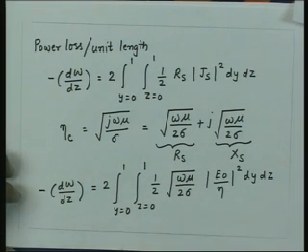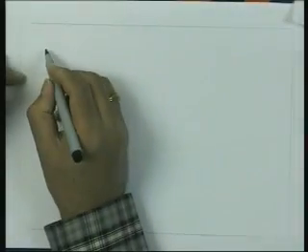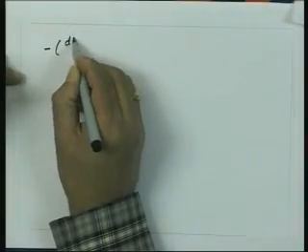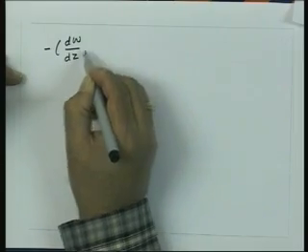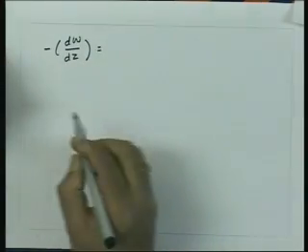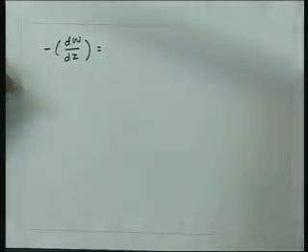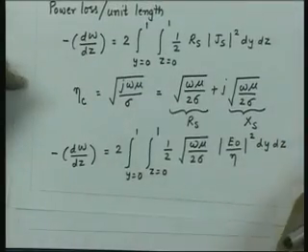We can take this thing out and we can get the power loss, minus dW by dz, that is equal to, this factor of 2 will cancel with that.